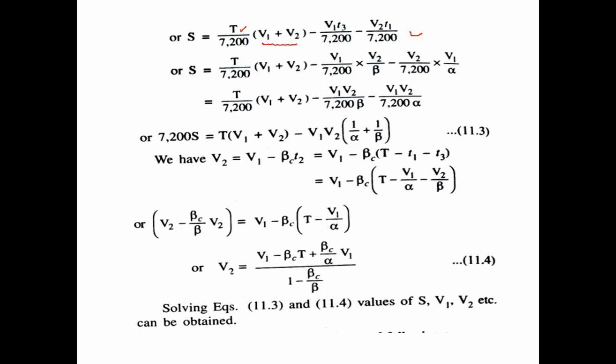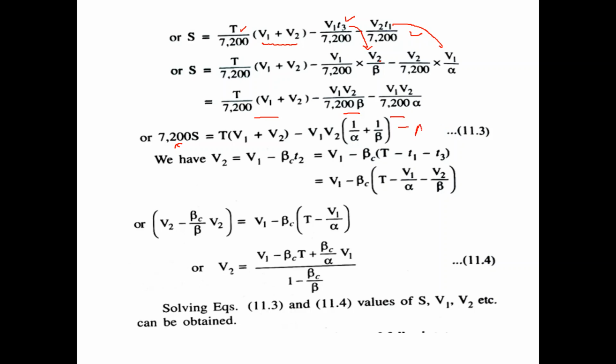T3 time is substituted by this, this is the T3 substitution, and this is the T1 substitution. Then we get an equation like this. Here 7200 is taken on the left hand side, and T V1 plus V2 minus V1 V2 into 1 by alpha plus 1 by beta. So we come to one equation.